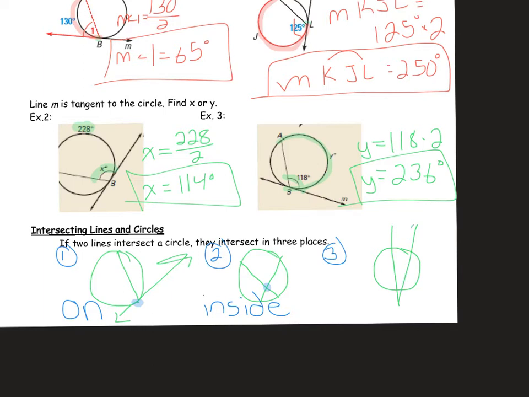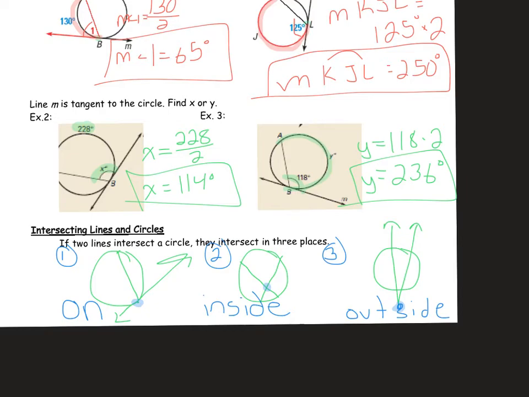Now these would be secants. These are intersecting right here, which is outside your circle, which again we will get to in a minute. So I just went over what happens when they intersect on the circle. The angle is half the measure of the arc.